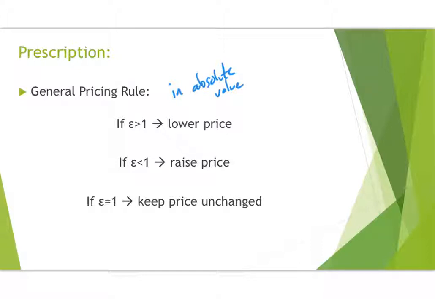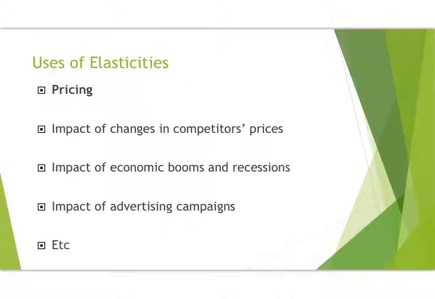If our estimated elasticity is less than 1, that means demand is inelastic, quantity is not very responsive to a change in prices, and so we're going to raise price, because when we raise price, we're not going to lose very many customers. If we get elasticity equal to 1, we're going to keep price unchanged, because as we saw in the previous graph, that's where total revenue is maximized.